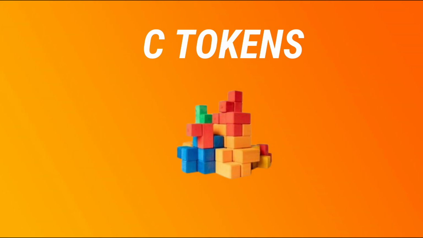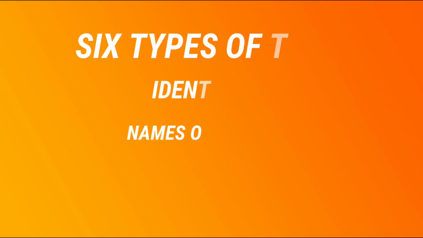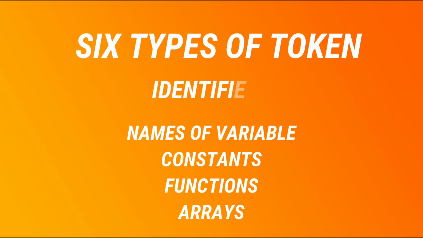Now let's move on to C tokens. In C programming, tokens are the smallest building blocks which make up the program. There are 6 types of tokens. The first is identifiers, which refer to names of variables, constants, functions, and arrays. So basically they are user defined names.